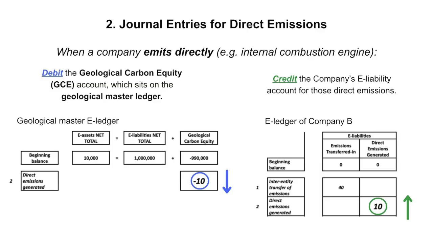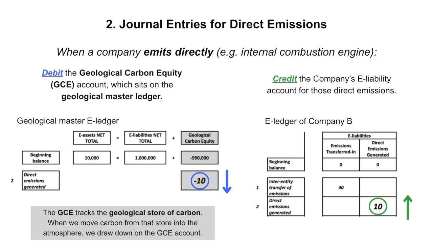What that account does is track the geological store of carbon effectively in the earth. For simplicity, we combine terrestrial carbon with oceanic carbon, and we call it all geological carbon.